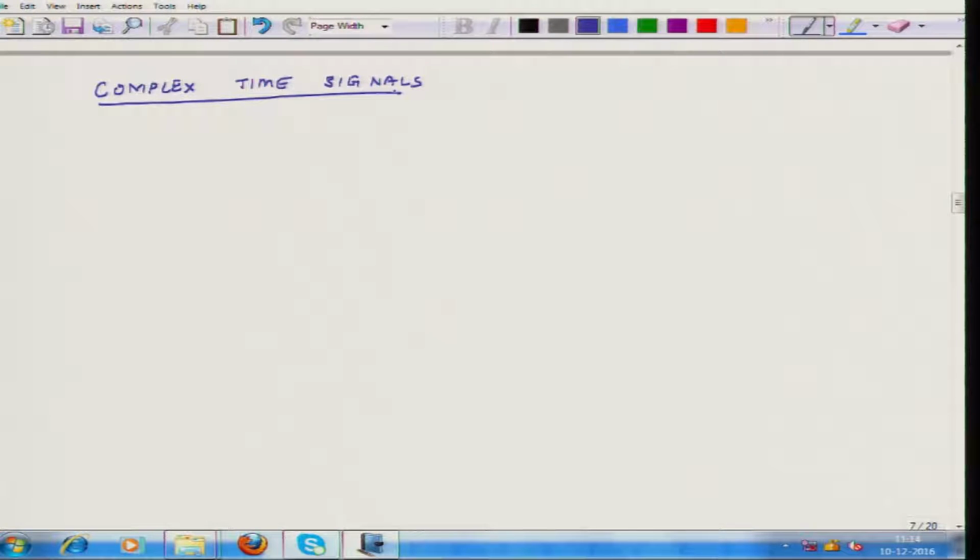Complex time signals. There could be a real time signal x(t), for instance the pressure in air, which may be changing like this. This is my time axis and this is the amplitude of pressure x.